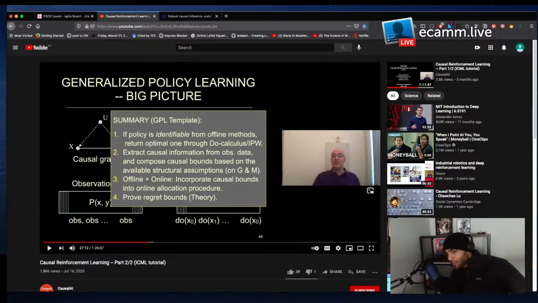If you're offline and you have a whole bunch of data, you have X and Y, and you're trying to get the probability distribution of Y given do X, because you're actually going to do interactions. Identifiability means that the do-calculus or inverse probability weighting or whatever causal inference technique you're using will work given what you observed and what you're assuming about the environment, the DAG.